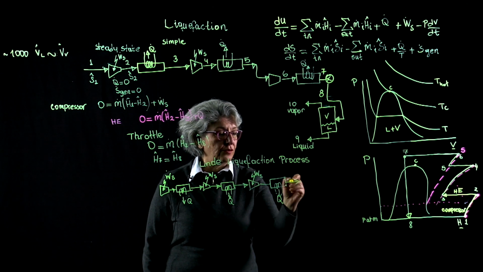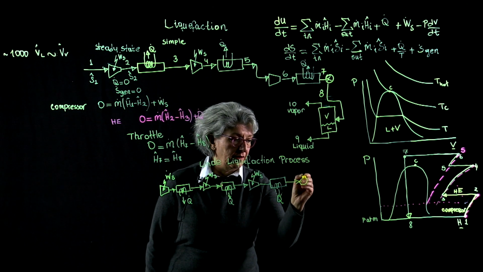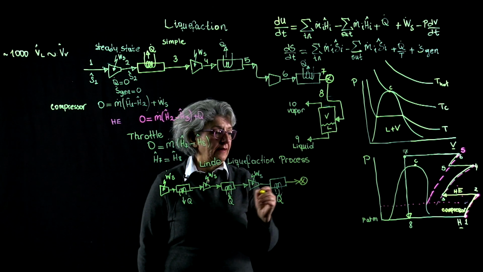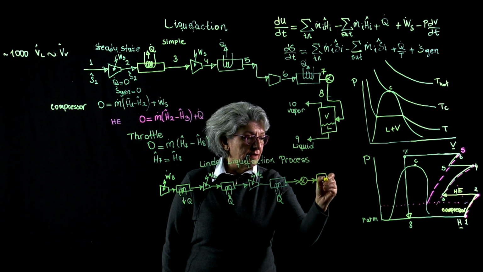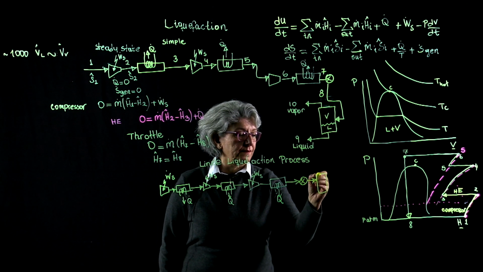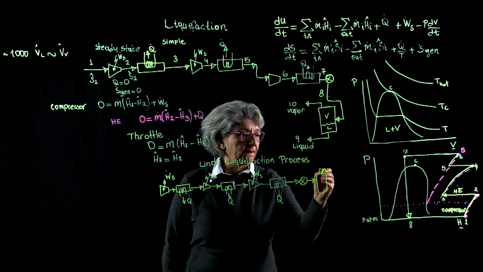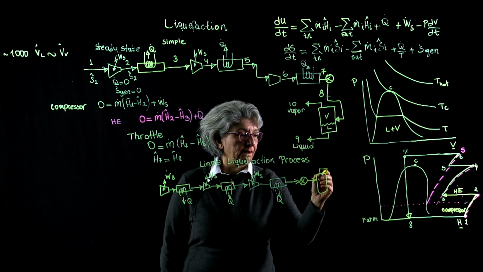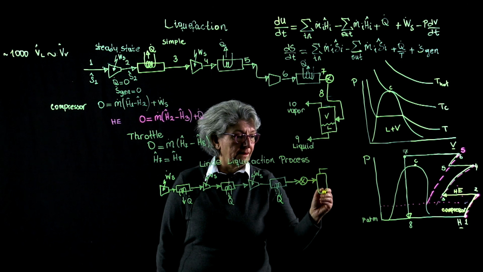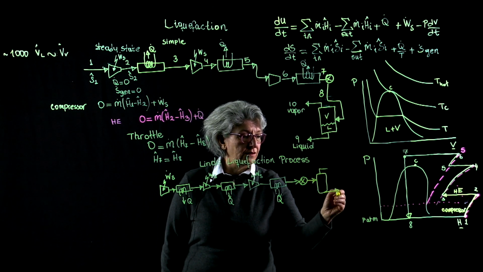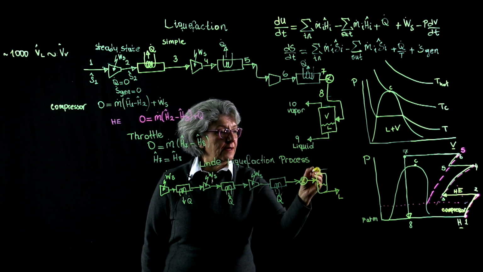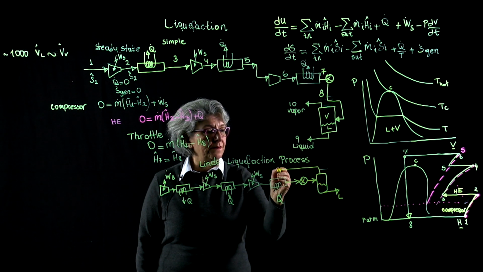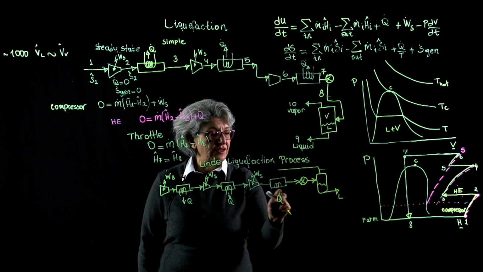Then we will do the throttling. Again, the same process. Then we will do the separation. We'll take the liquid in this direction. And what we will do is to take the vapor, perhaps do this heat exchange for us.